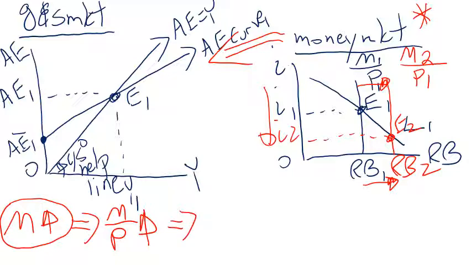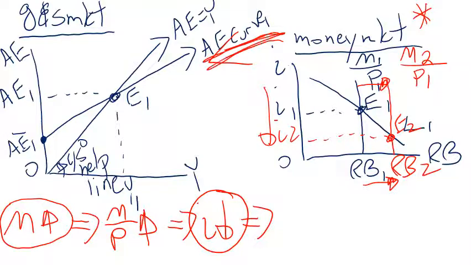And that in turn will push the interest rates down. Well, that's the finality of the event in the money market. But again, what happens in the money market will eventually transmit itself into the goods and services market.